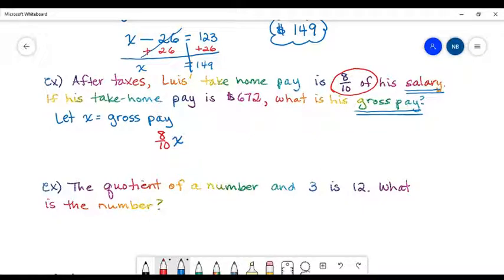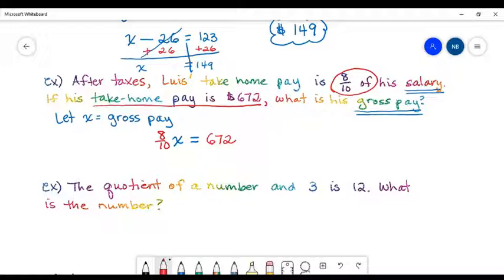So his take-home pay is 8/10 times X. We also know that his take-home pay actually is $672. So 8/10 of his salary is equal to $672.